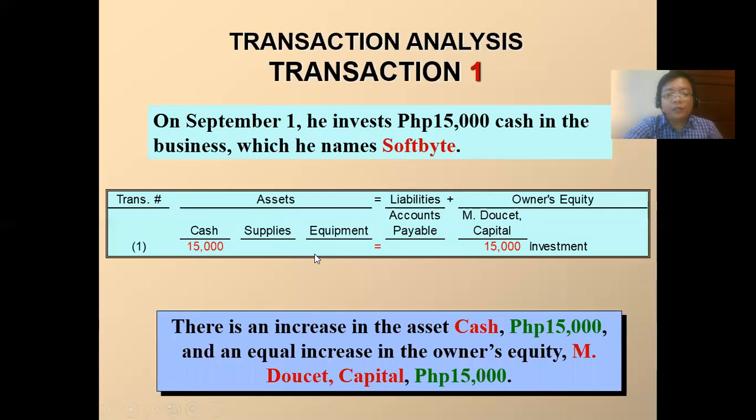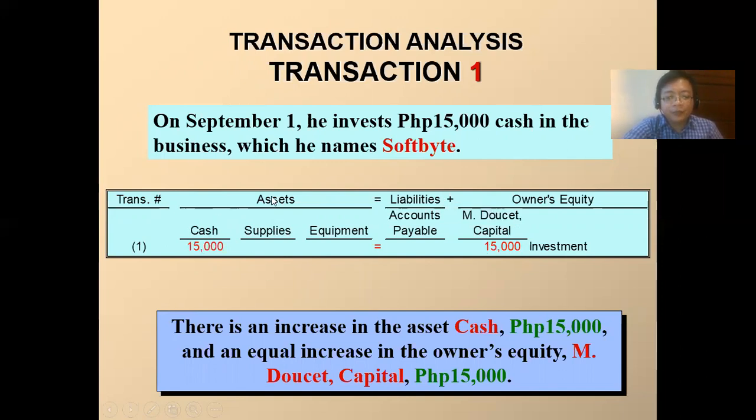Go back to our accounting equation. Assets equals liabilities plus owner's equity. As you notice, you increase your cash because SoftBite has an investment worth 15,000, and in owner's equity you also have 15,000. Going back to our basic equation, assets equals liabilities plus owner's equity, the principle of balance.